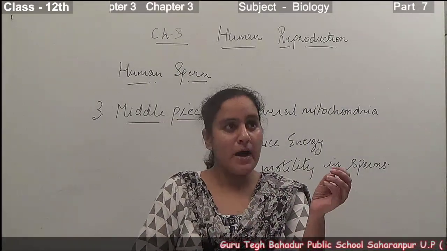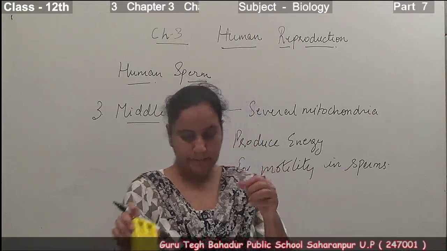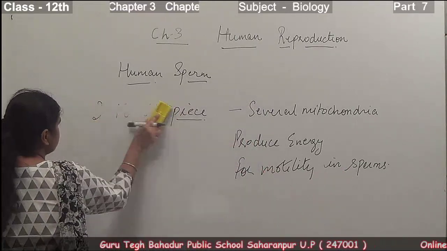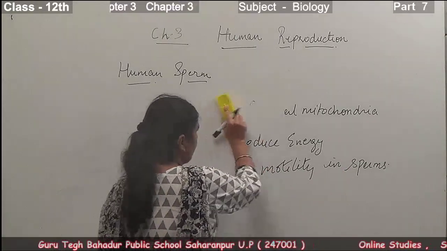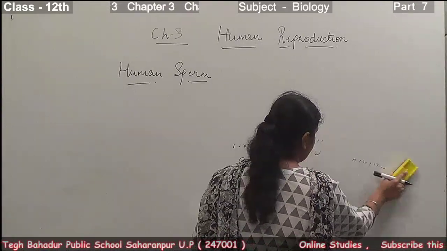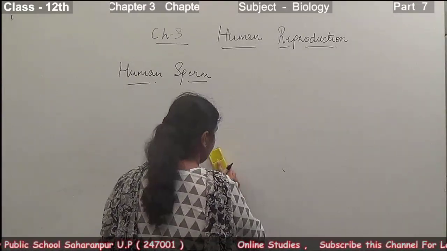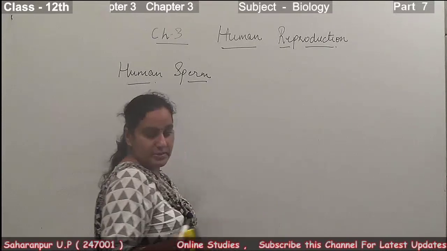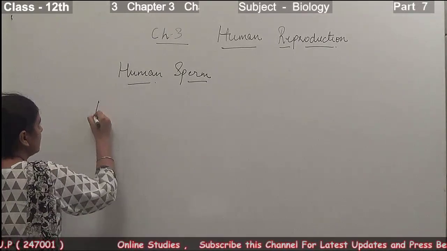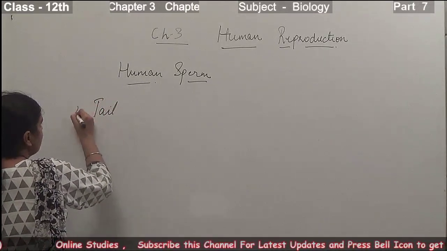Now next part is the tail. This is the last part of the human sperm.